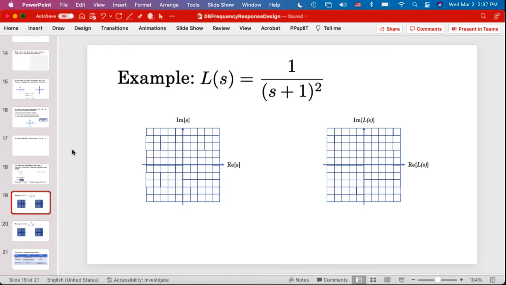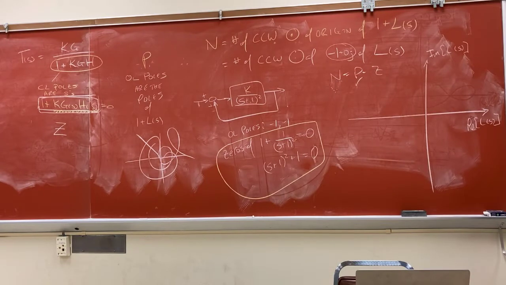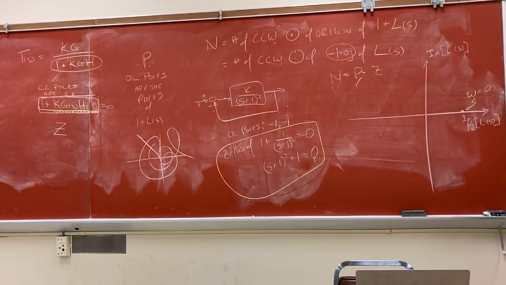As I start at omega equals 0, what is the resultant? 1. Yes, also 1. Right? 1 over (0 plus 1) squared, just 1. So as we walk north on the imaginary axis, does the magnitude of L get bigger or smaller?